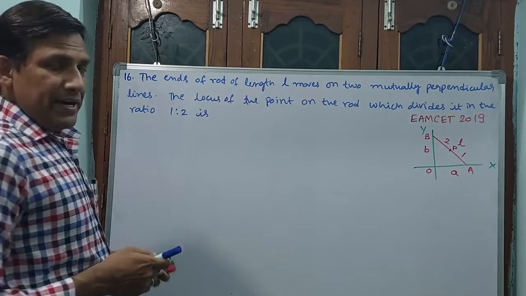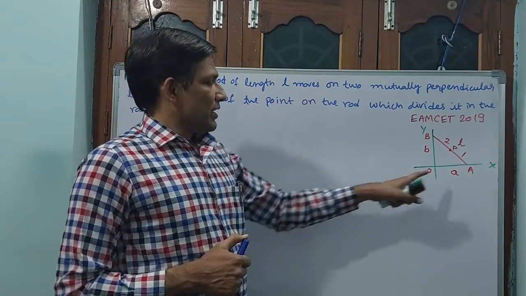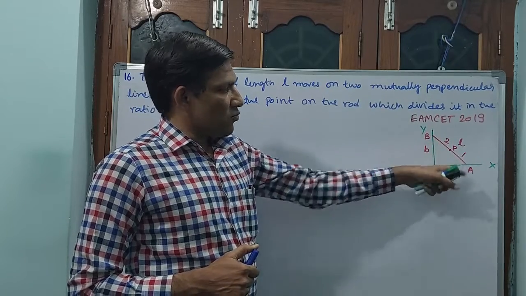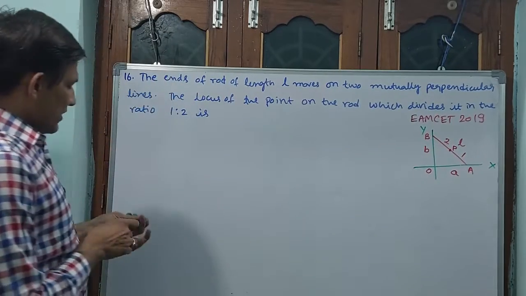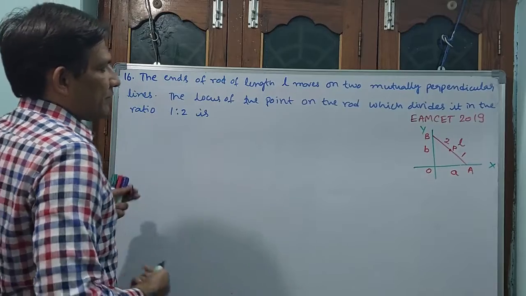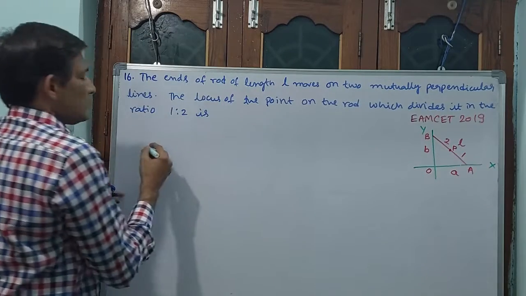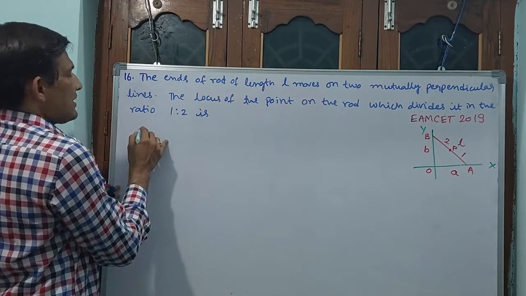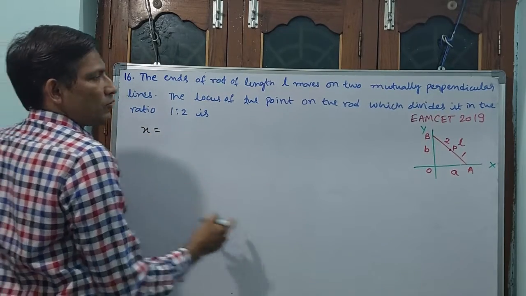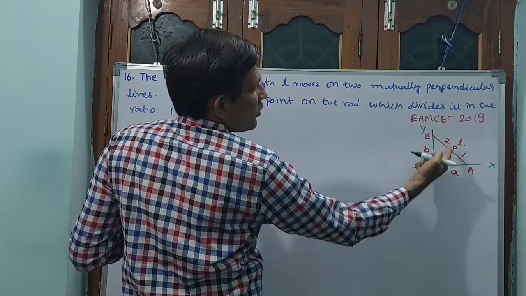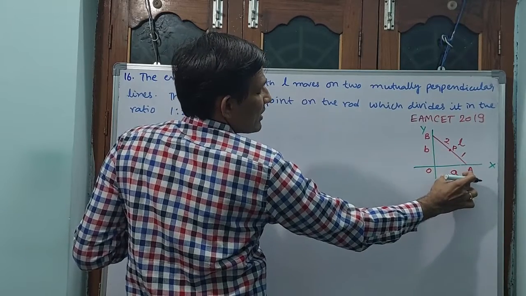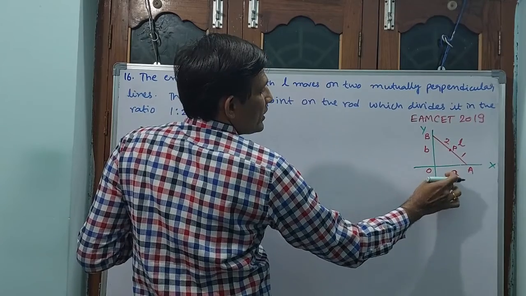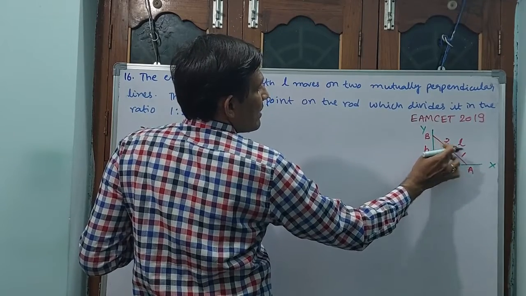To find the locus of the point, x is equal to 2 into a divided by 2 plus 1. This we have already seen. Here this is small x, not the x axis or y axis. x is equal to 2a divided by 2 plus 1, opposite to 2 into a, because we are counting on a.